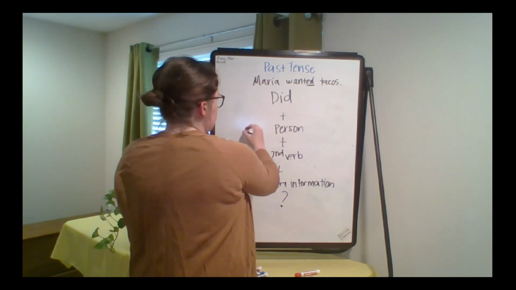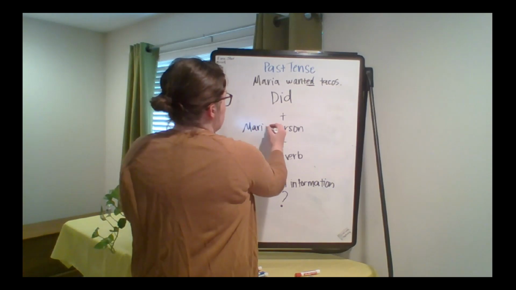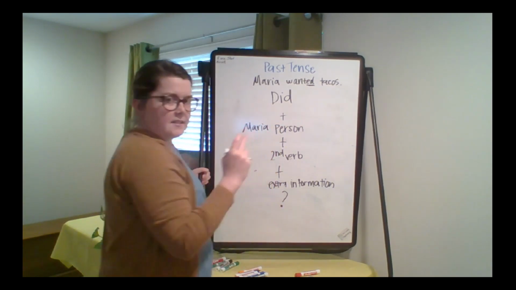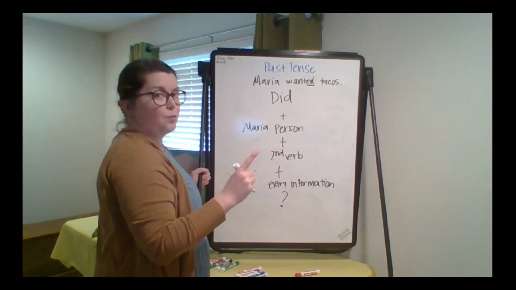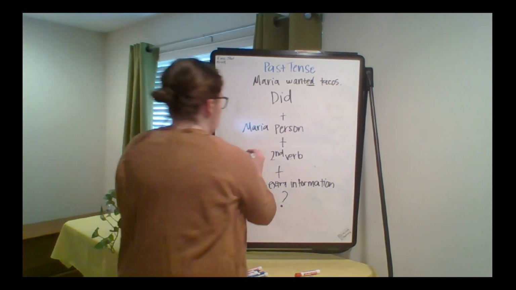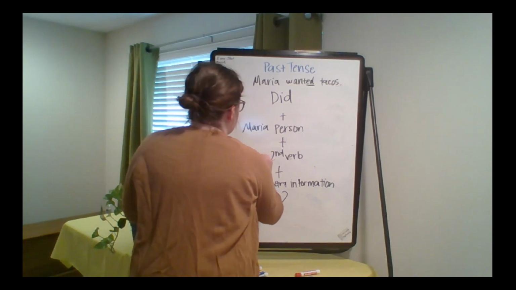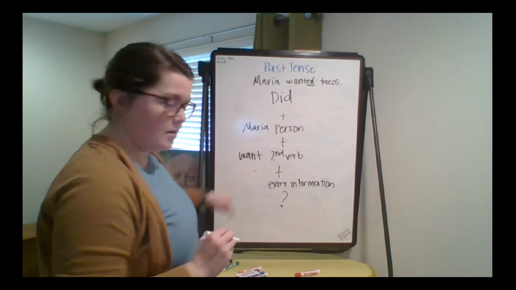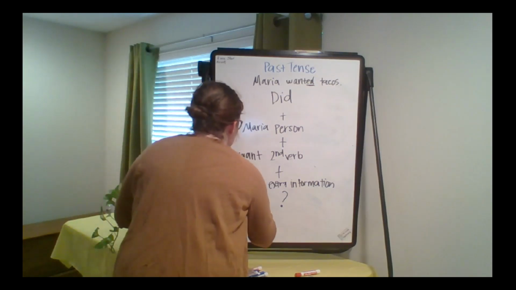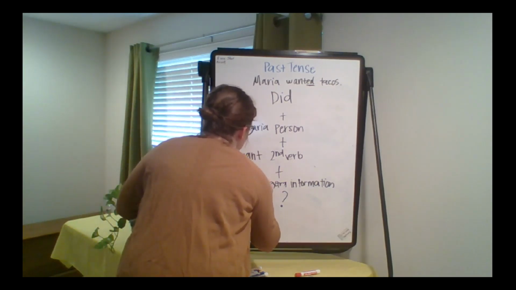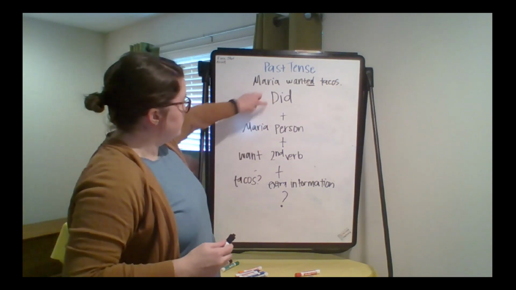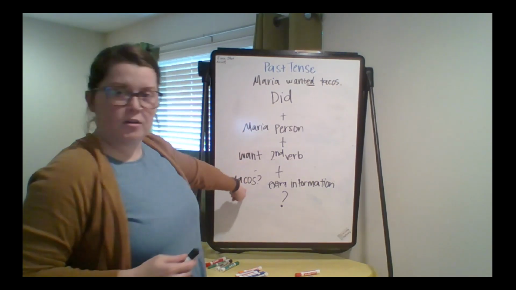Maria. What's our second verb? Is it going to be wanted or just want? What do you think? It's going to be want. No ED. I'll explain in a minute. Tacos. So look, did Maria want tacos?